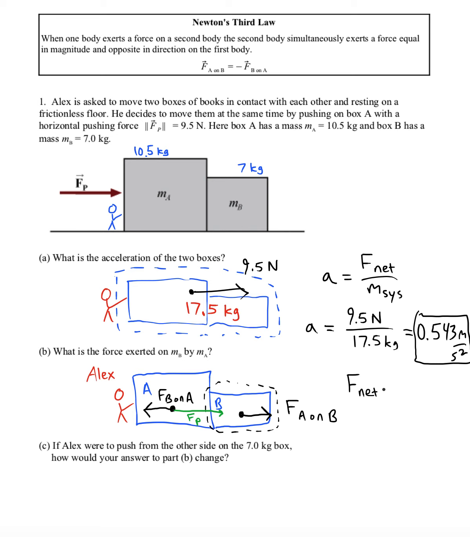The net force on B will equal the mass of B times the acceleration. So the mass of B was 7 kilograms. Acceleration is 0.543.